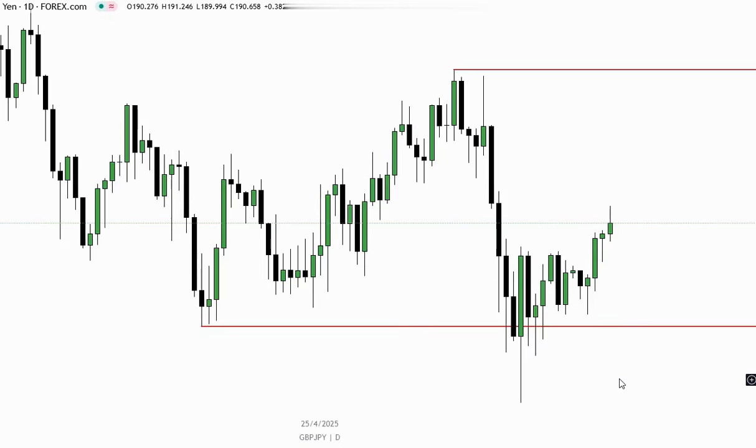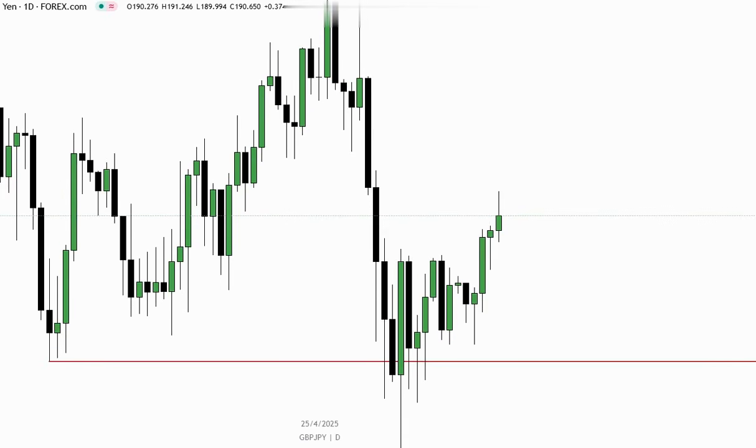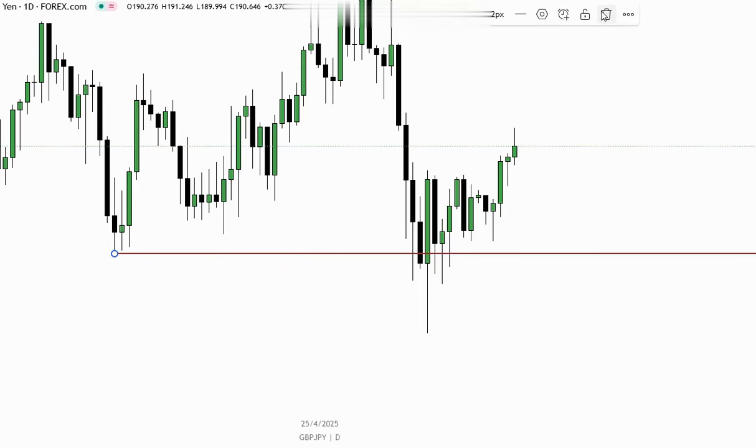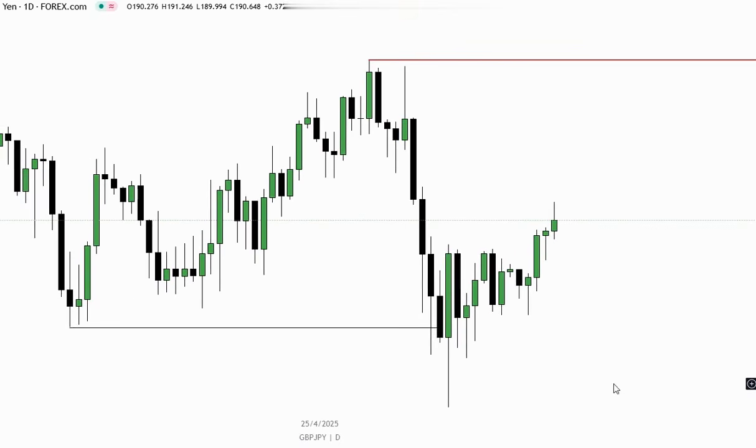So if you look at this one now, you will realize that when Tuesday took out Thursday's low on EJ, I wanted to look at this one here.